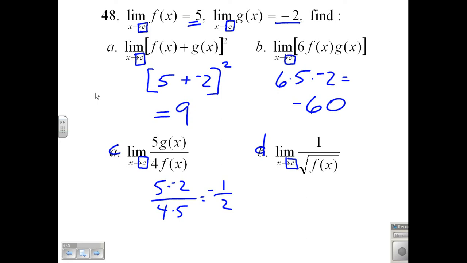And likewise on what's now called problem D, the limit as x approaches c of 1 on square root f of x. Wouldn't it be nice if that was just 1 on the square root of the limit as f of x as x approaches c, 5, and it is. For those of you old schoolers that are watching this, of course we would write this like that. But what a nice set of rules when it's just so what we might expect the rule to state.